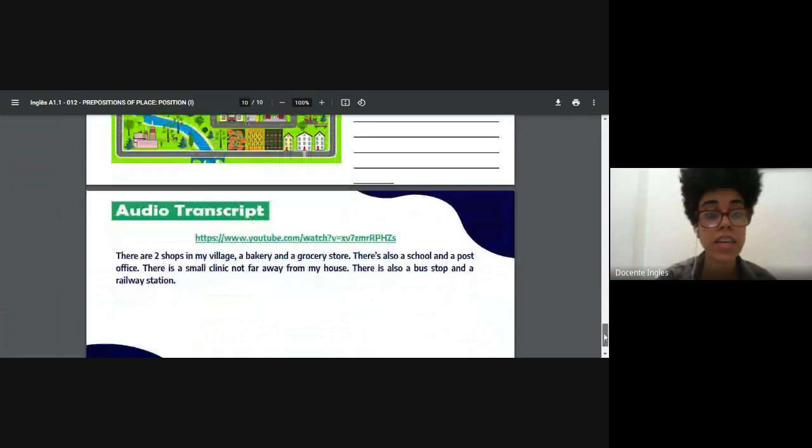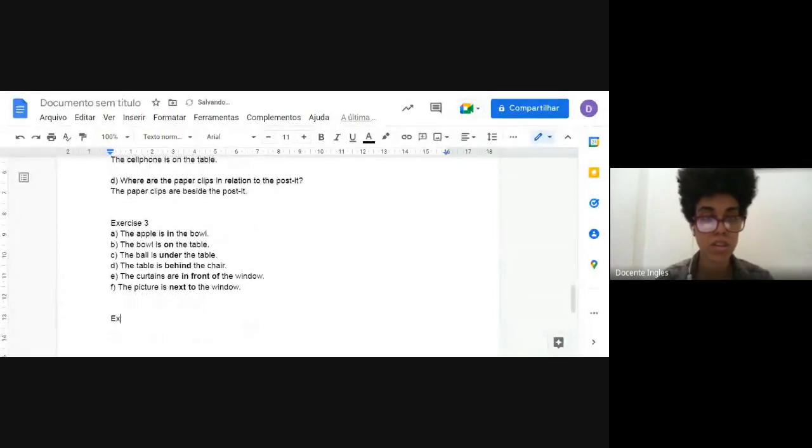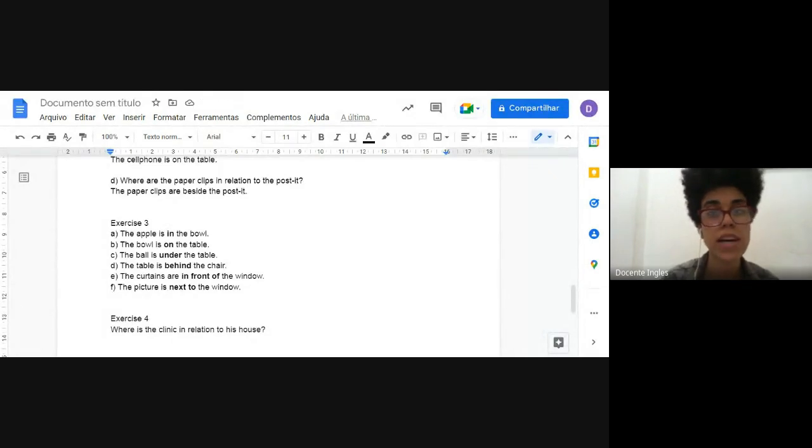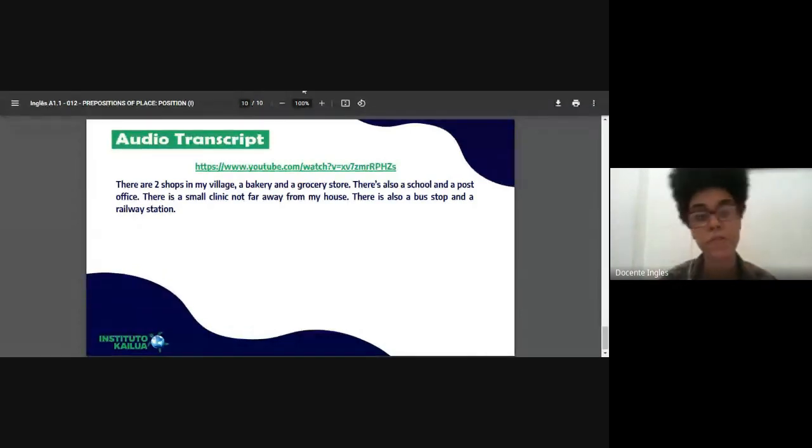Where is the clinic in relation to his house? So to answer this question, this is exercise 4. I'm sharing here for you. Let's go back to the transcript now because it's easier for us to visualize. The question is, where is the clinic in relation to his house?